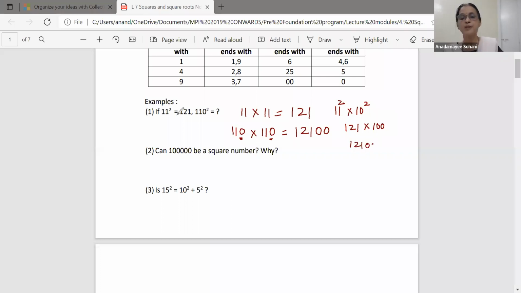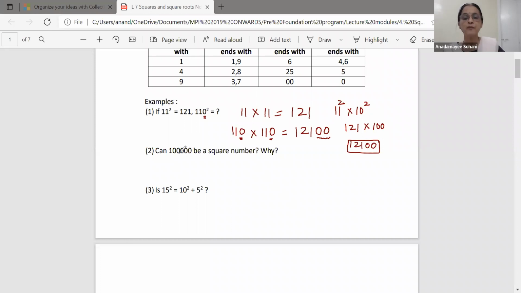Simplest way is, there is 1 zero on the square root, there will be 2 zeros on the square number. That will be my answer, 12100.